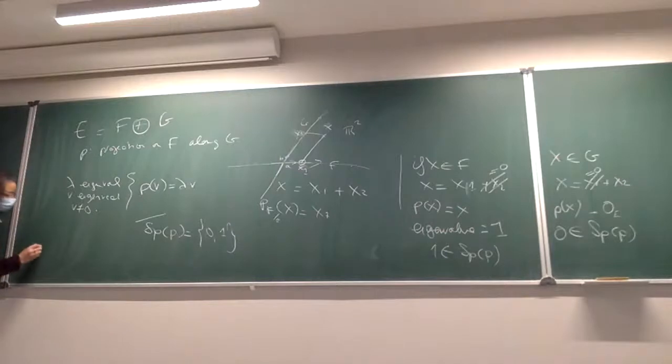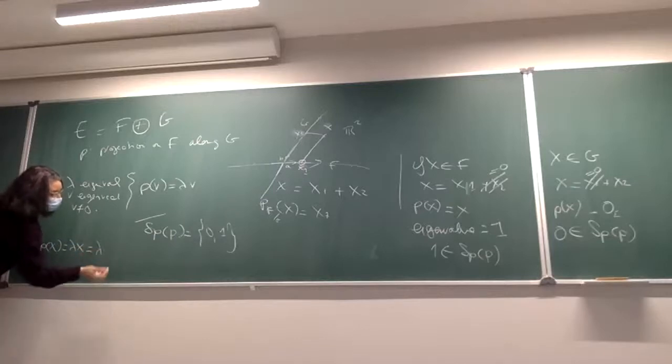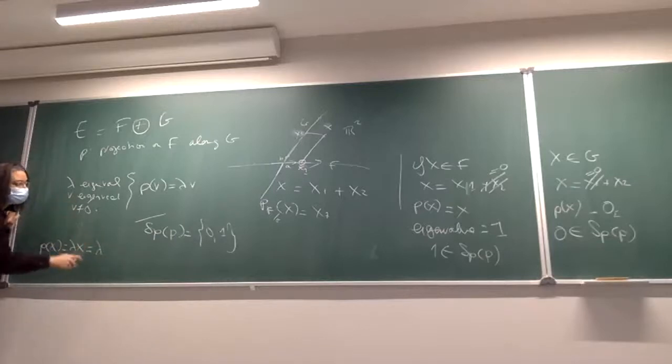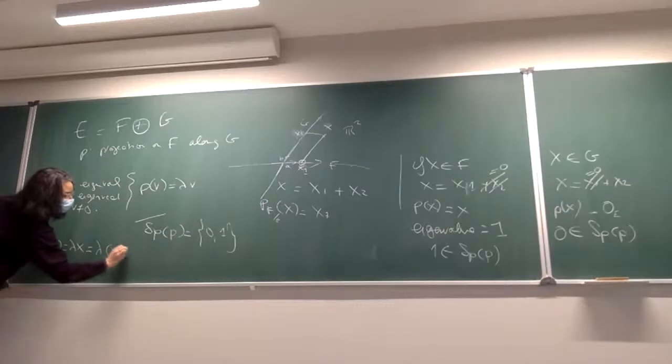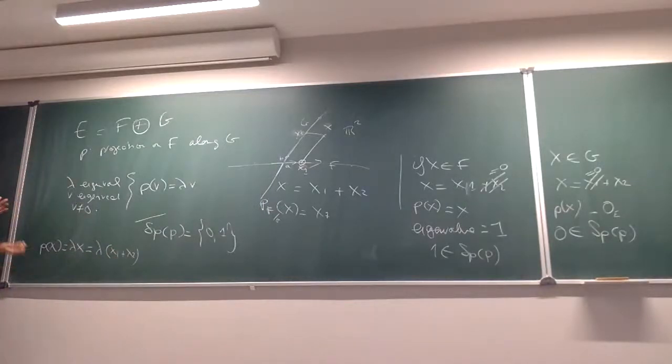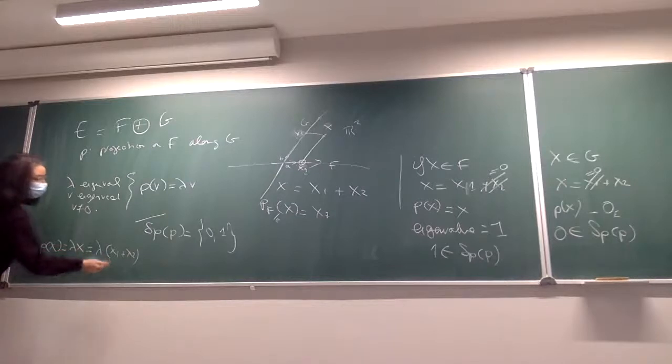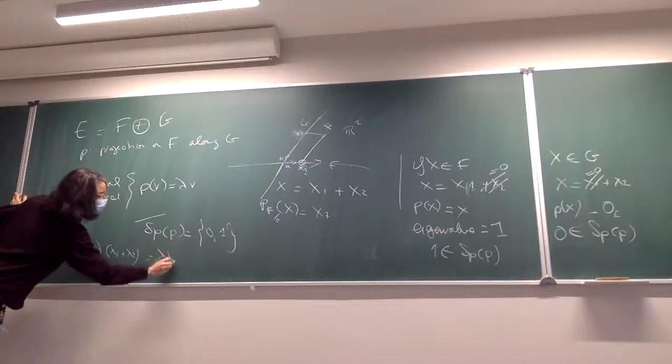If we've got an eigenvalue, P of x is equal to lambda x, and if I use the same decomposition, it is lambda x1 plus x2, and I know that the x2 part should be equal to 0, so that should be lambda x1.